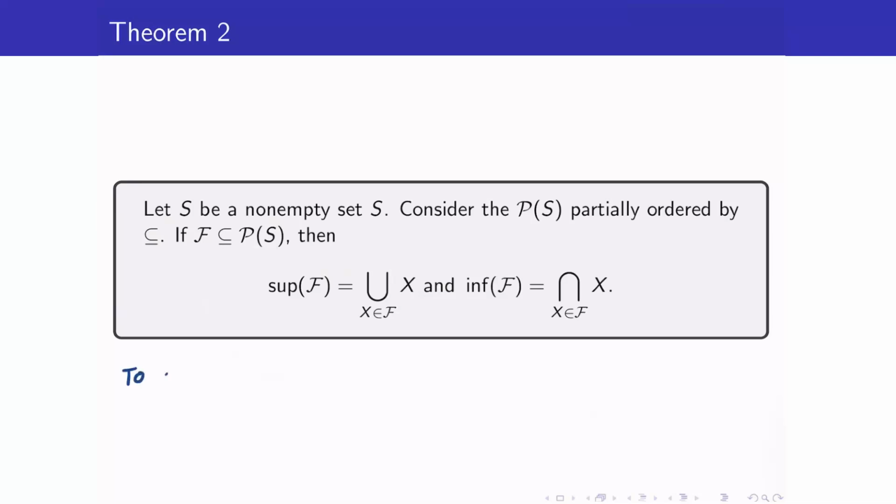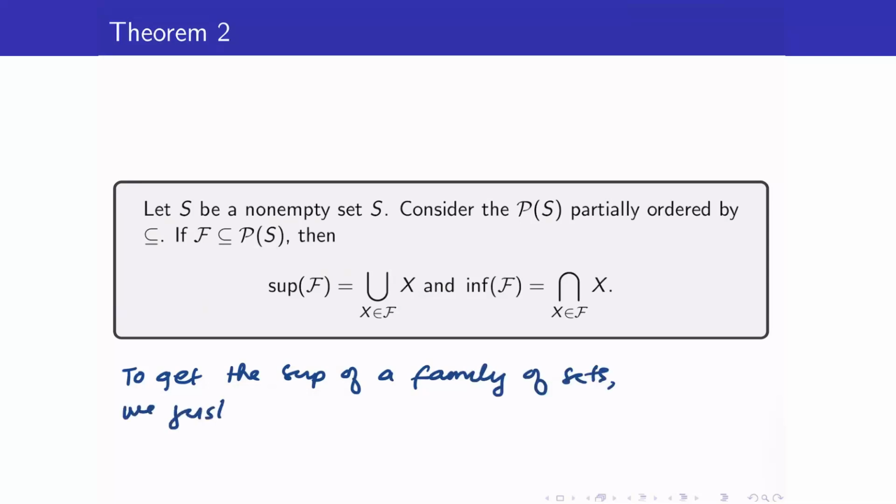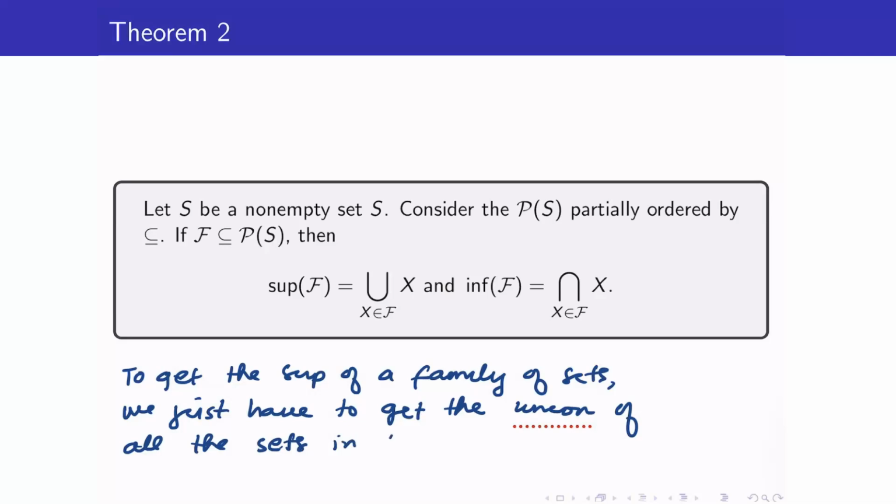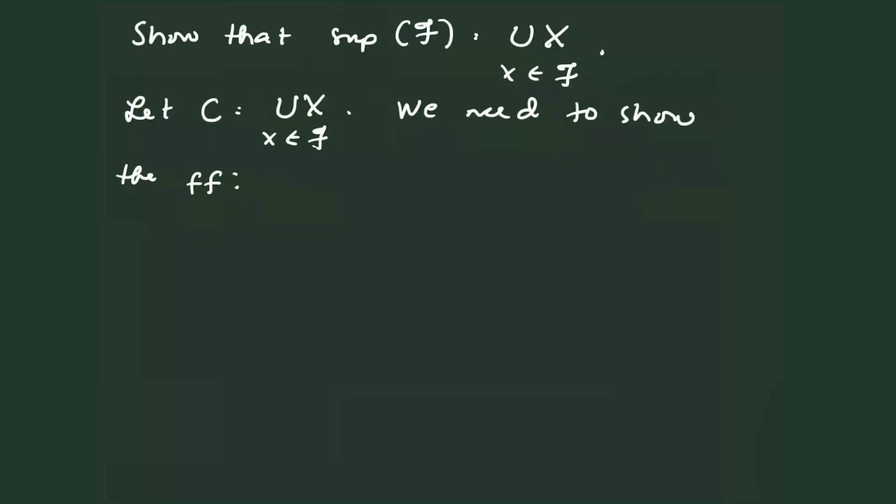To get the supremum of a family of sets, we just have to get the union of all the sets in the given family of sets. So this is what we want to do. We want to show that the supremum of F is the union of all the sets inside the family.